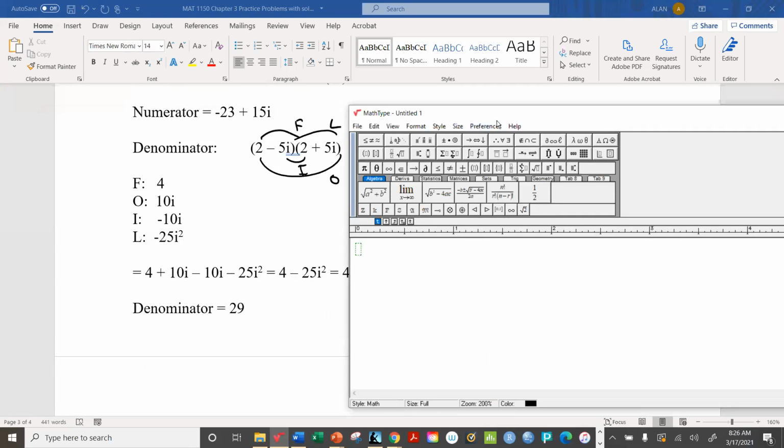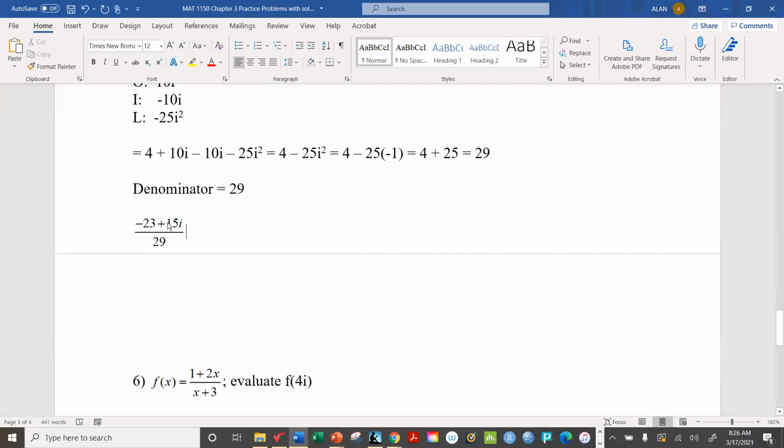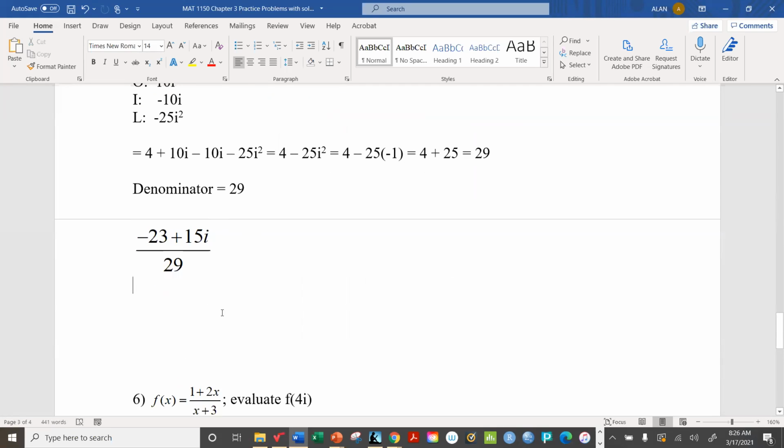We have in the numerator minus 23 plus 15i, all divided by 29. All right, so finally, at long last, we have a result. So that was a bit of a mess.